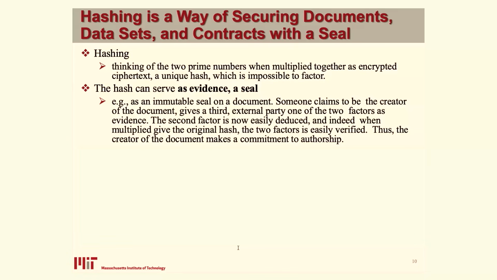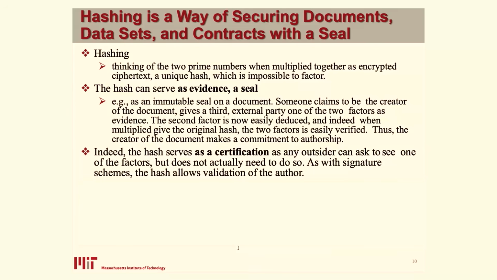So someone comes along, says they created the document, that's my signature, and they give a validator, an external third party, one of the two factors. And now it's relatively easy for the external party to verify, to factor the seal, as it were, and verify that it's the same.